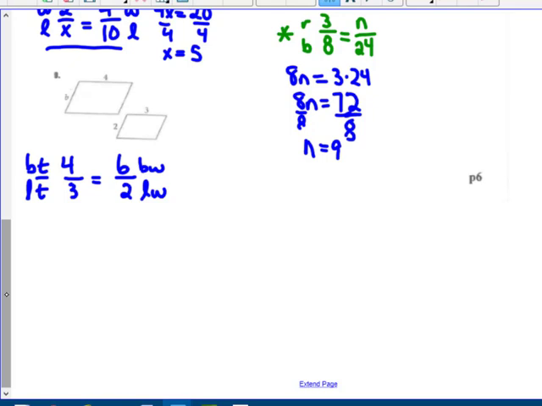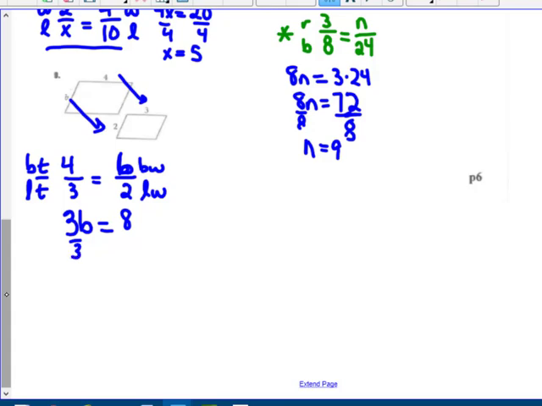4 is to 3 as B is to 2. And I like to draw those arrows when I'm looking it over to see, did I follow the same order? Because if you say 4 is to 3 as 2 is to B, well, that's not logically, mathematically equivalent. It's not consistent. 3 times B has to equal 4 times 2, the product of the extremes, which is 8.